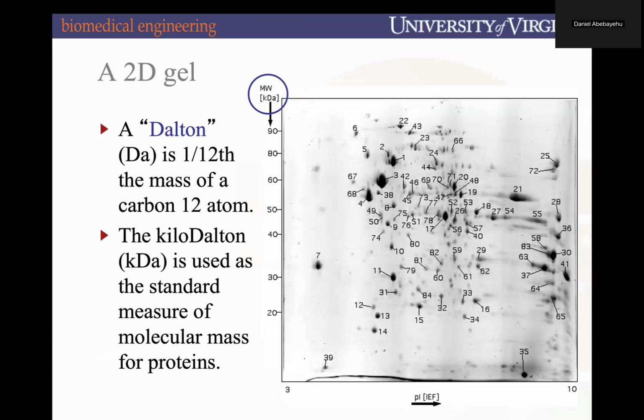But yeah, this is what a 2D gel looks like in real life. You typically won't have this labeling on it. You'll just have a gel with these markings on it.